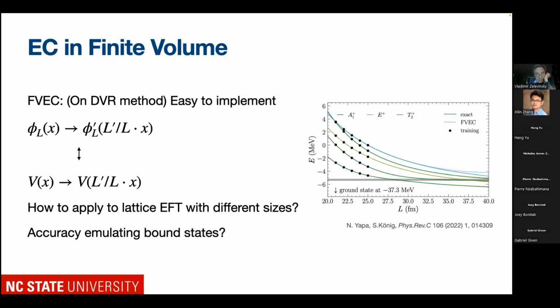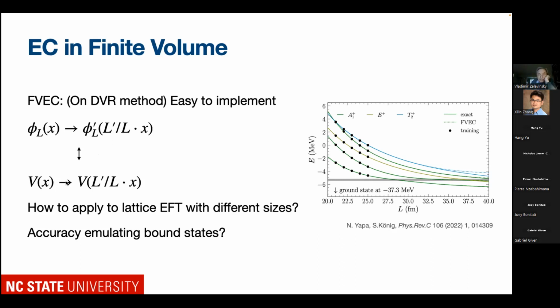There are previous works trying to get EC working in the finite volume. For example, the work by my colleague Nguyen and my advisor, Sebastian Koenig, has these finite volume EC methods that have a DVR method in mind. They keep the same number of DVR bases, and they simply scale the wave functions depending on the volume of the box.